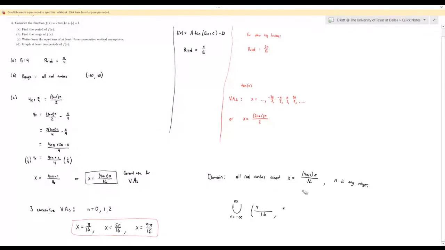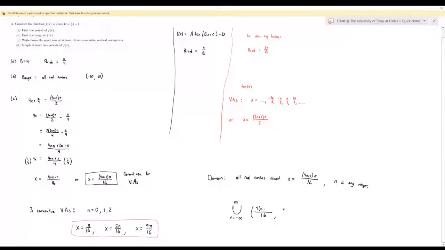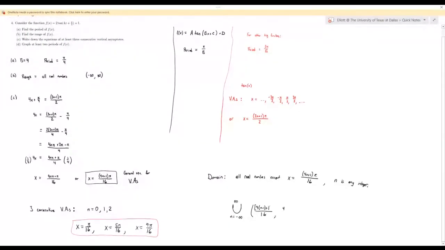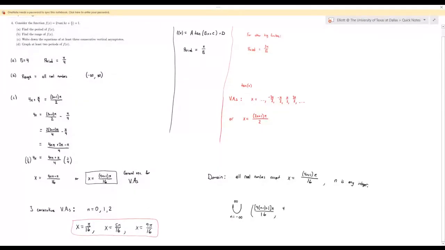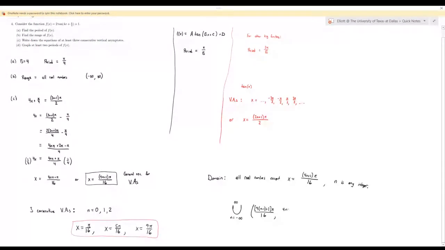So what I'm doing is I'm taking this formula that we found for where the vertical asymptotes are. I want to say that the domain is all real numbers in between all of these vertical asymptotes.